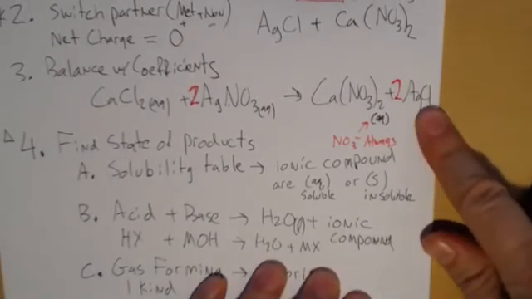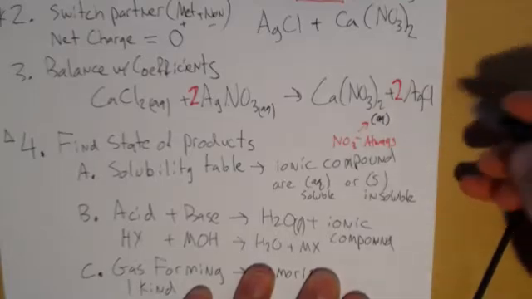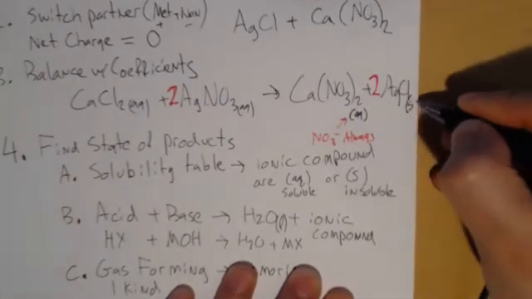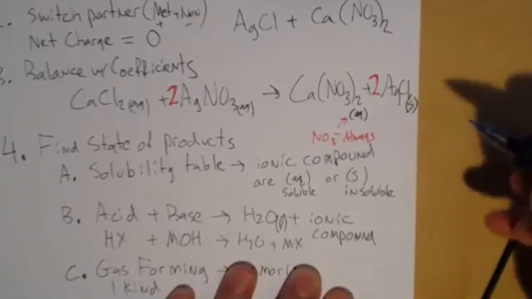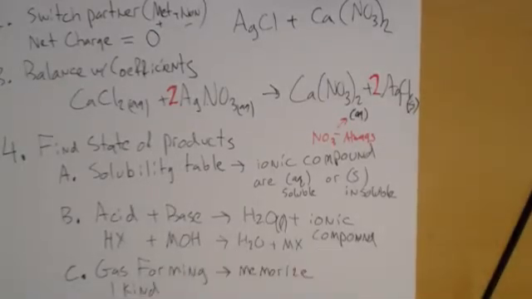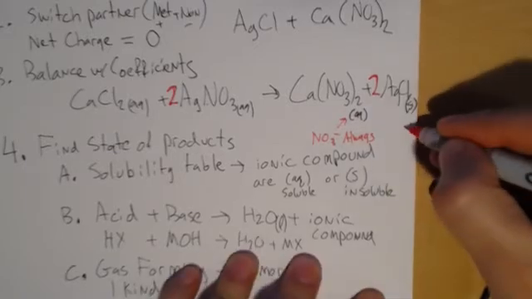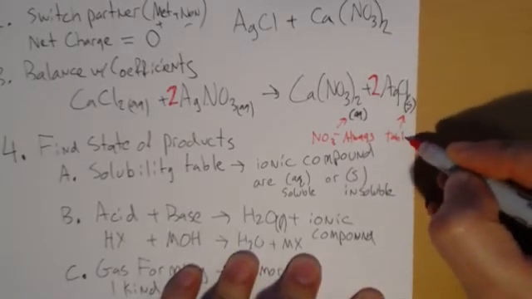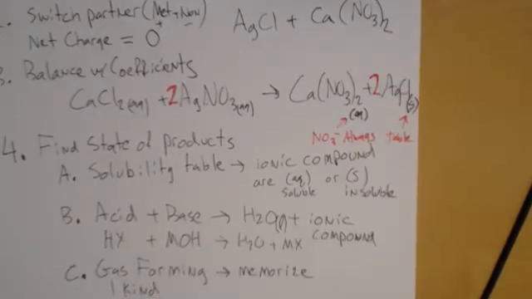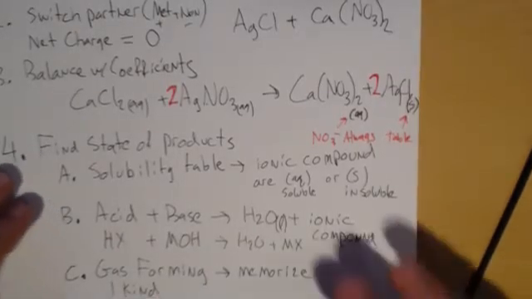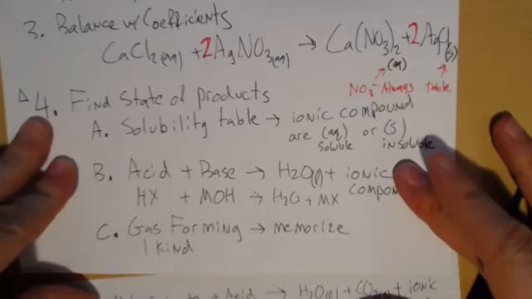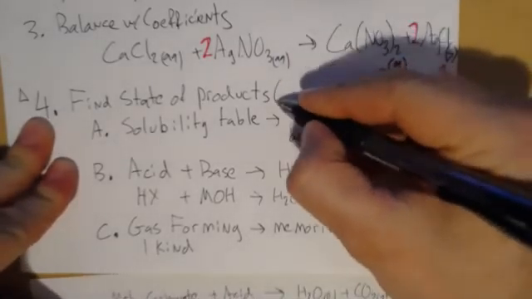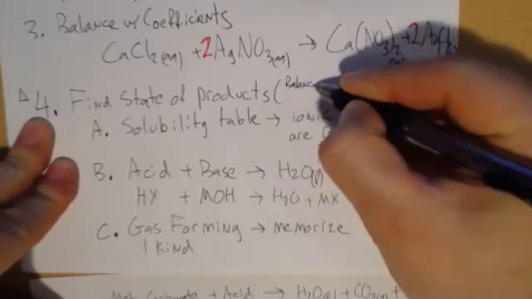If I look at this one, silver chloride forms a solid. And I would also get that information from the table. Chloride is usually soluble, but not with silver. Okay. All right. So when I get step 4 done, that's actually really cool. When I'm done with step 4, I technically have a balanced equation, which is a neat thing.